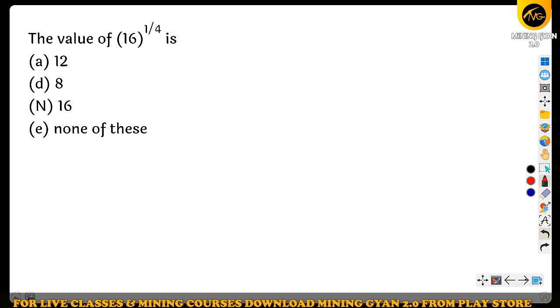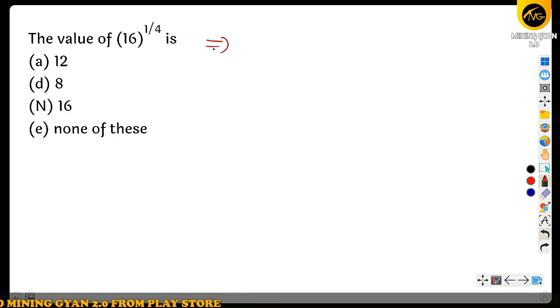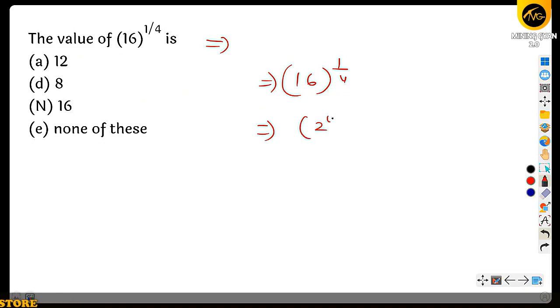Now we can apply these rules in questions, so we can easily understand the rules of surds and indices. The first question is: the value of 16 power 1 divided by 4 is? Options are 12, 8, 16 and none of these. Now 16 power 1 divided by 4, we can write 16 is equal to 2 power 4.